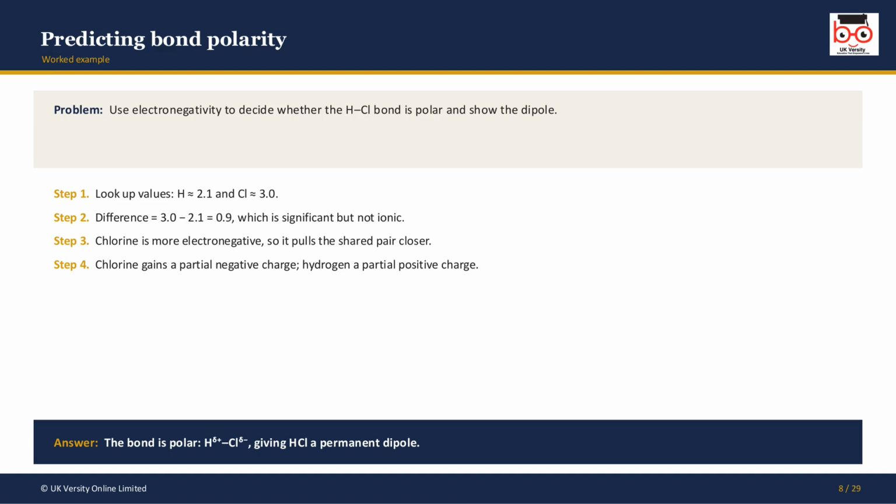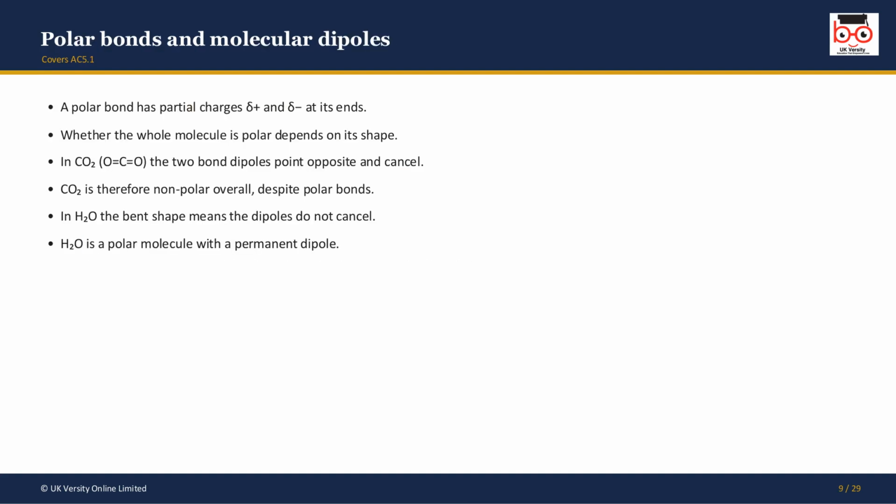So chlorine gains a partial negative charge and hydrogen a partial positive charge. The bond is therefore polar: hydrogen delta plus to chlorine delta minus, and that gives the hydrogen chloride molecule a permanent dipole.